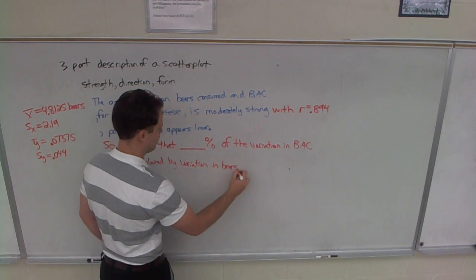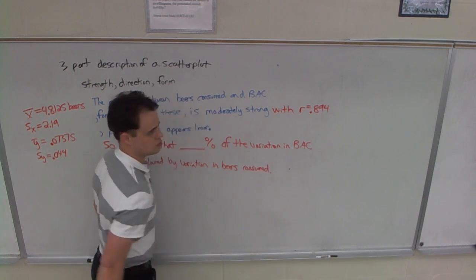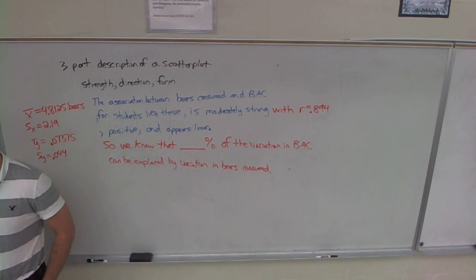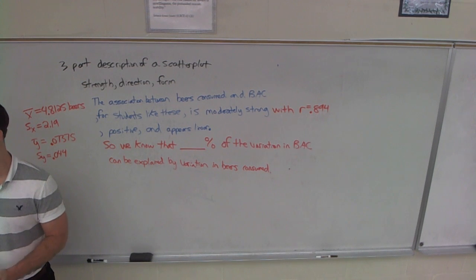How many beers they made them drink. The question is, what goes in that blank? I think that was in your reading guide too. Let's see if we learned. What is it?